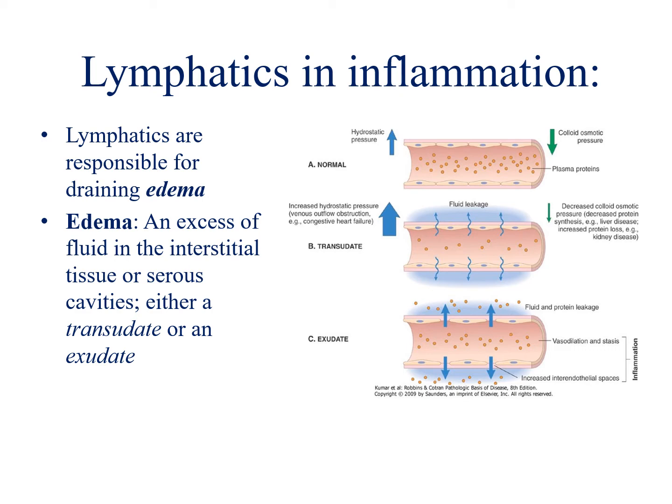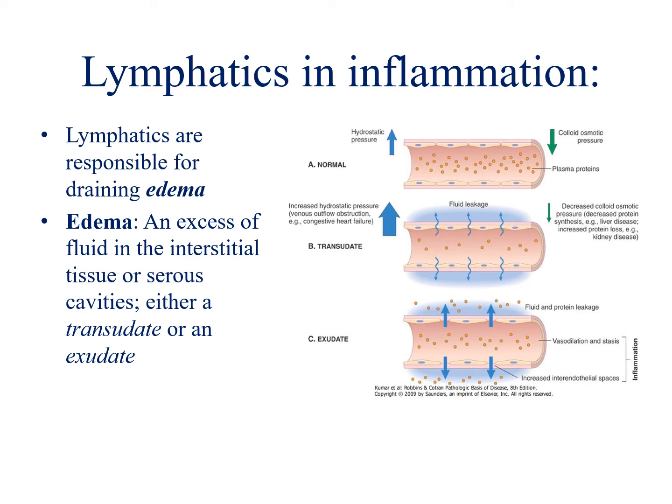When this fluid leaves the blood vessel and enters the interstitial fluid in excess, this is called edema. This fluid can either be a transudate or an exudate. I'm going to explain on this slide the difference between those two, the differences in the capillary permeability, and then on the next slide, I'll show you what those fluids look like.